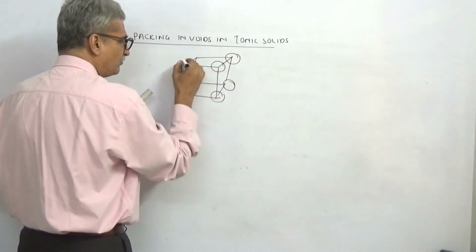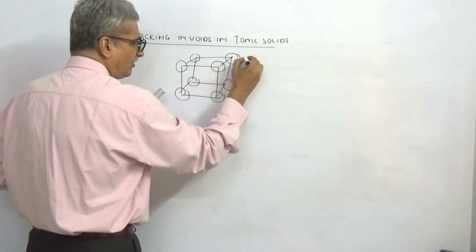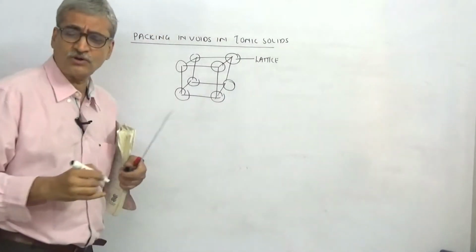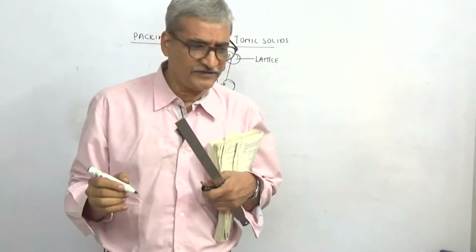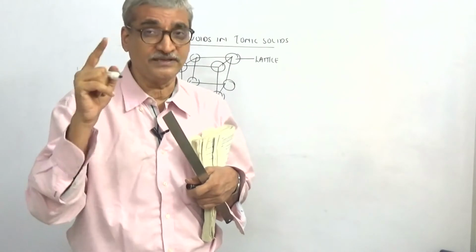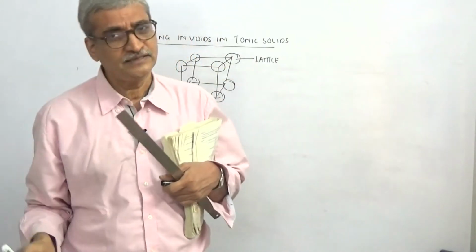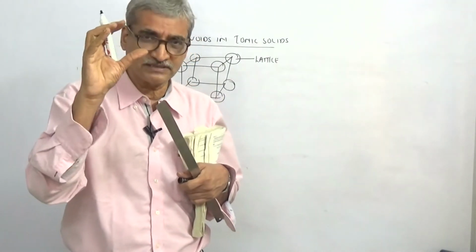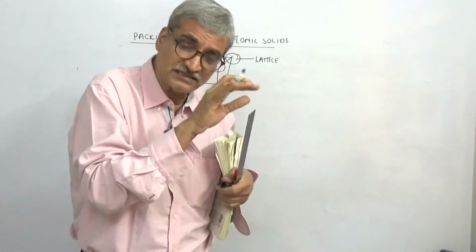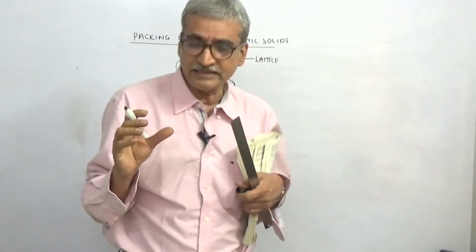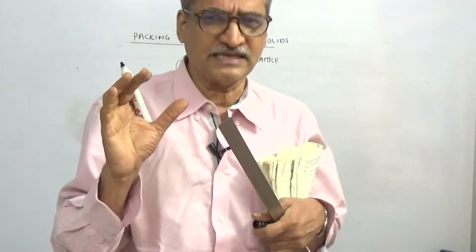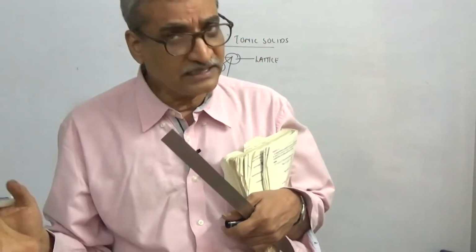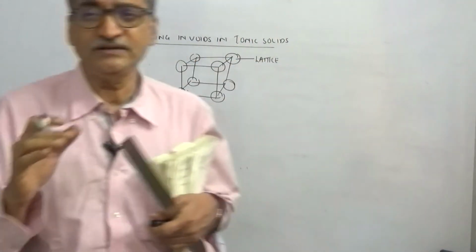So in an ionic solid, what happens? All the lattice points, whether it is the corner, center of the face, or center of the body, in an ionic solid there is a positive cation and a negative anion. That's why we taught you metal crystals first and then ionic solids. In a metal crystal, lattice points are occupied by only positively charged ions. In an ionic crystal, you have positively charged ions and negatively charged ions. So now I am discussing where they are placed.